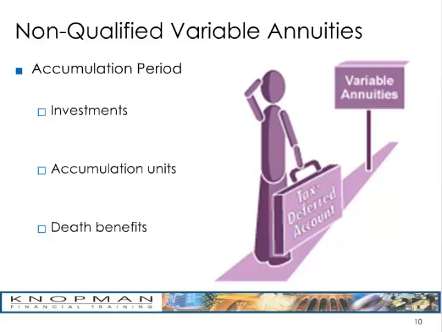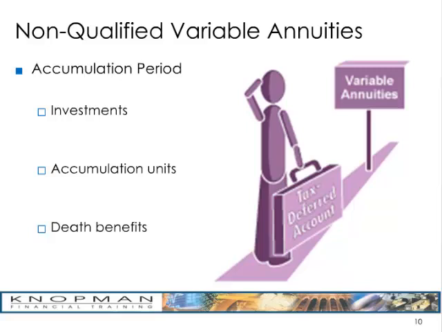There is a death benefit that is offered during the accumulation period. That means that if an individual were to die during the accumulation period, their named beneficiary would receive at least all previous contributions.